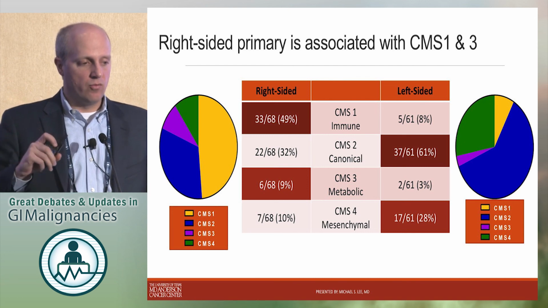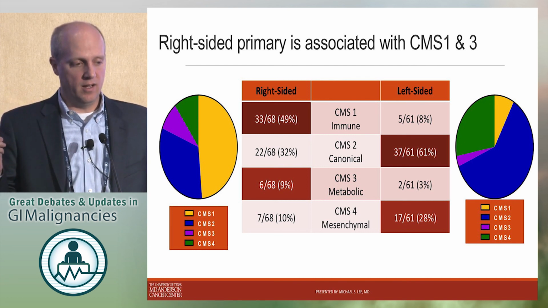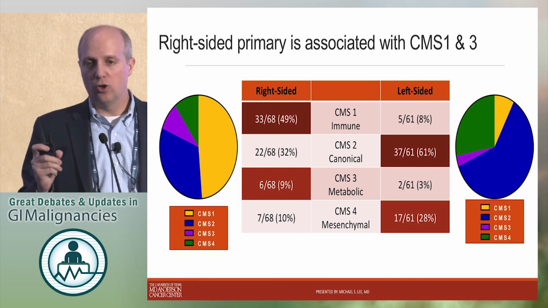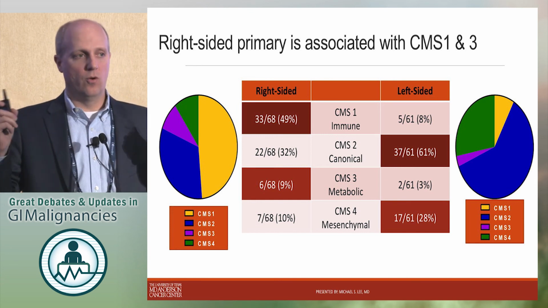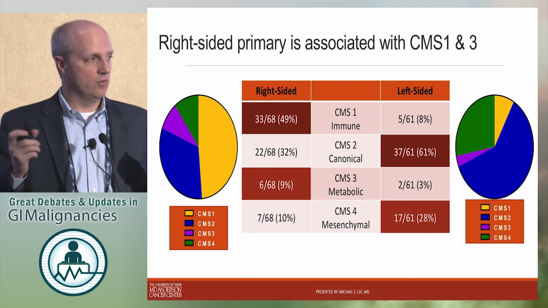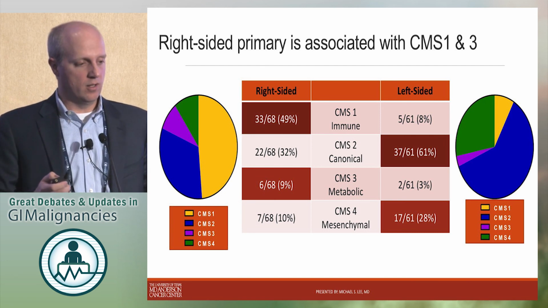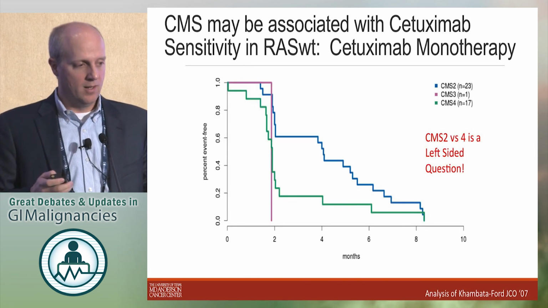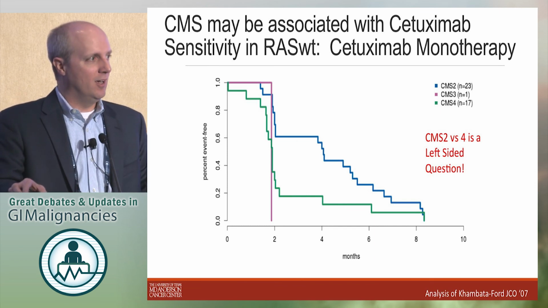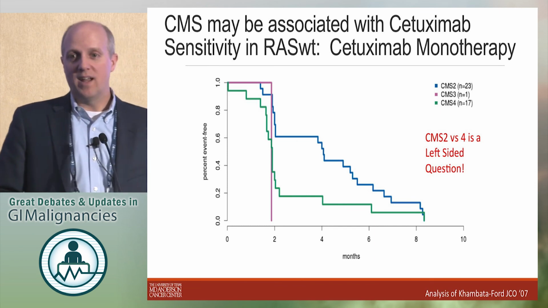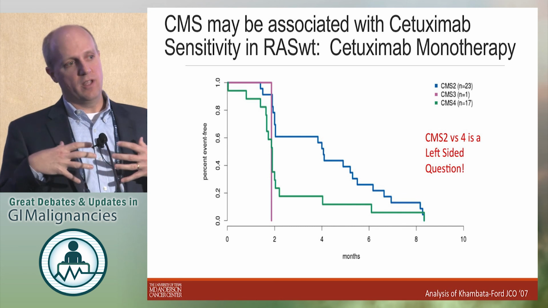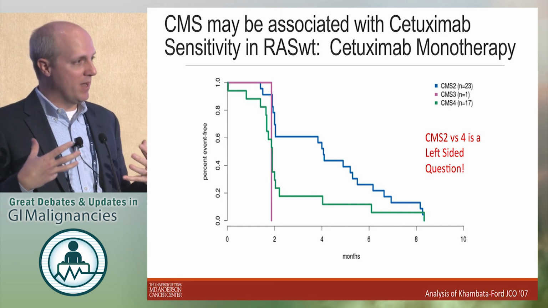Conversely, on the left side, we're really looking at either CMS2 or CMS4, right? So those are the key drivers. Now, again, another little aside: right and left side don't fully incorporate everything that we may care about clinically.